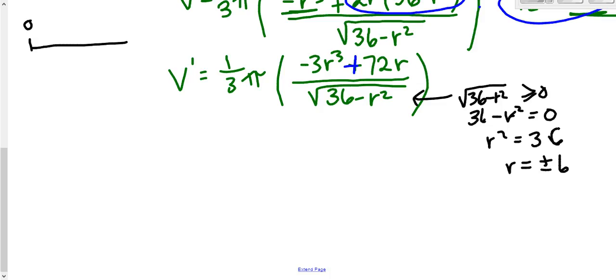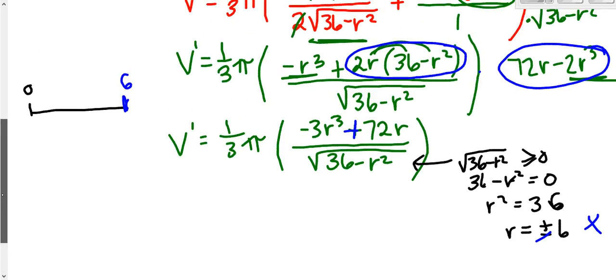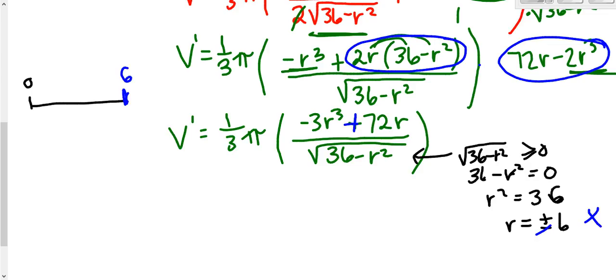Technically, these are two critical points, but we know that we cannot have a negative measurement, so that takes out the negative 6. And when we plug in 6, we will get a 0. Anything over 6, if we plug in 7, that's 36 minus 49, which is a negative number, which cannot happen. So we know that our upper bound for the radius is 6. So we just need to find that middle number to figure out if that's our maximum or minimum.